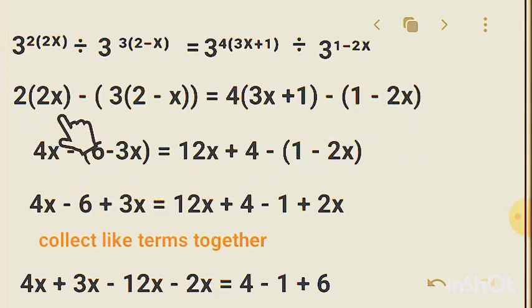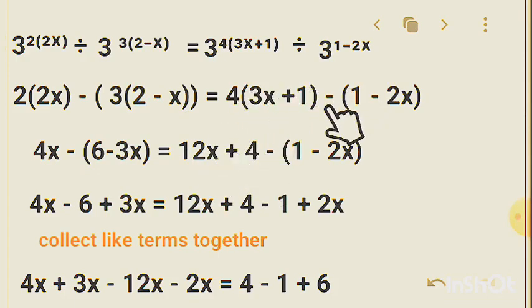Now 2 times 2x will give us 4, minus 3 times 2 is 6. 3 times minus x is minus 3x. If we remove the bracket here, 4 times 3x will give us 12x, and 4 times 1 will give us 4.